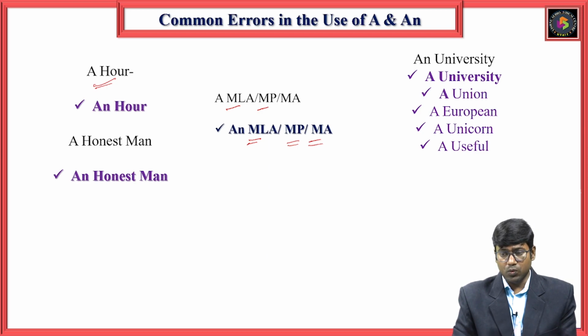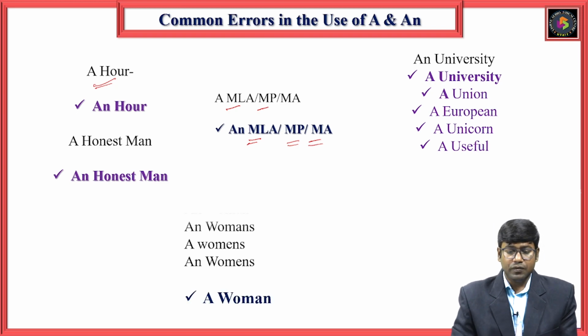So if we use an, then an university is incorrect, an union is incorrect, an European is incorrect, an unicorn is incorrect, an useful is incorrect. We should avoid using an before these words. It should be a university, a union, a European, a unicorn, a useful, like this. This is another kind of example.